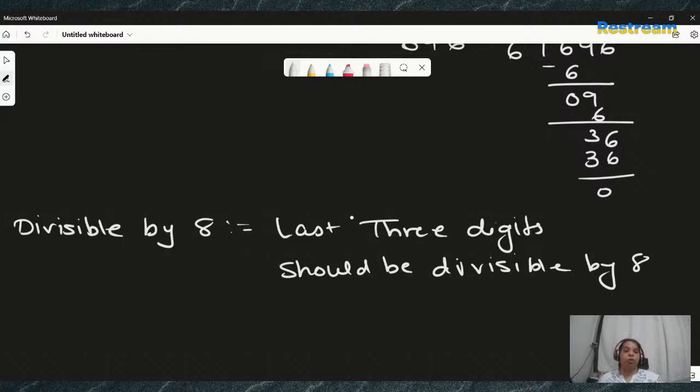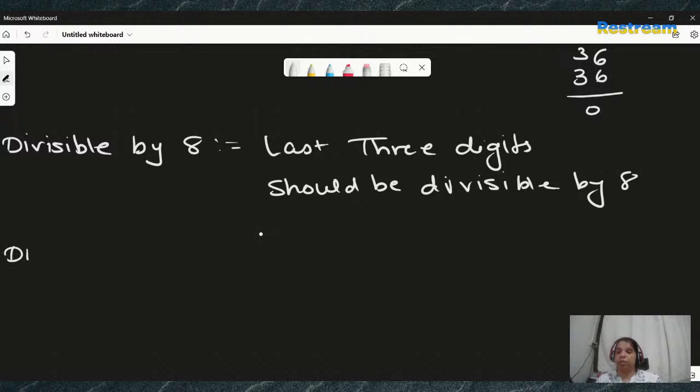Okay, so divisibility by 2 and 4 doesn't apply here, not the same as 6. Best example is 28. 28 is divisible by 2, 28 is divisible by 4, but it is not divisible by 8. So I rest my case there.